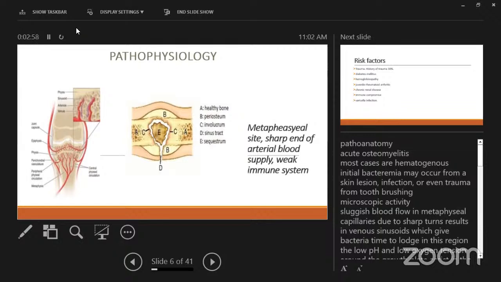After that, there is spreading of the infection through the cortex, subperiosteal elevation. Sometimes the necrotic bone forms what is called sequestrum, okay? And around that, there is new bone formation called the involucrum, okay? So you have to know the pathophysiology of osteomyelitis in this way.